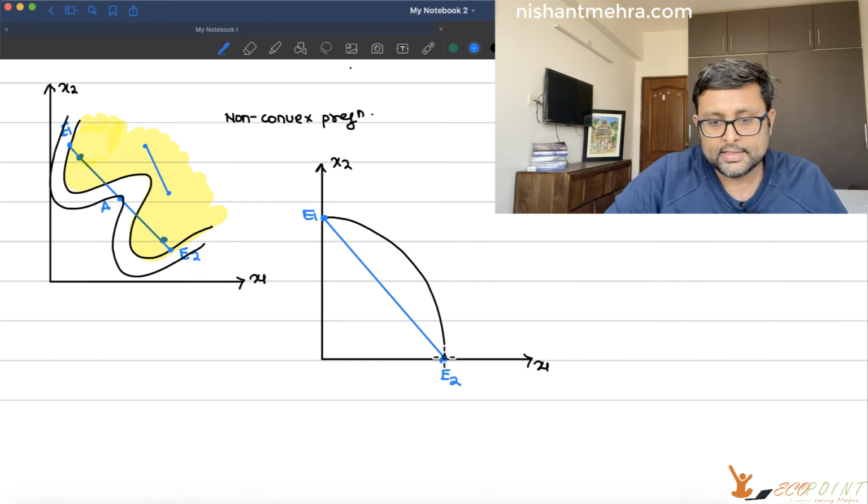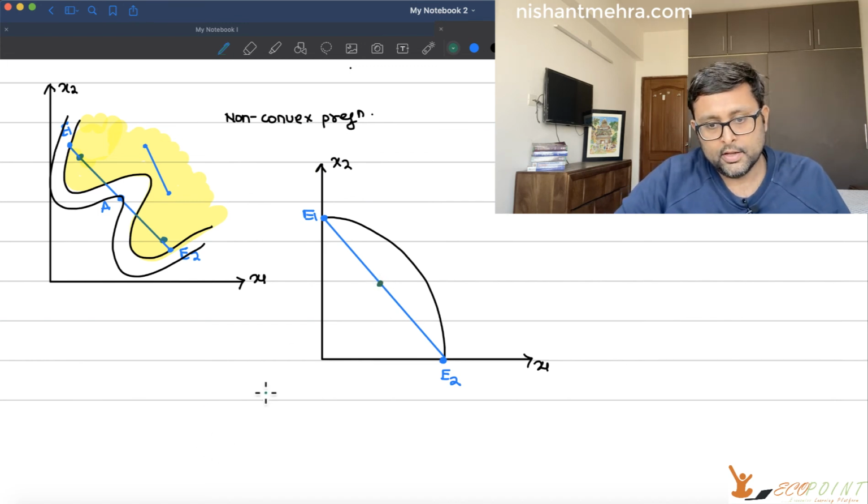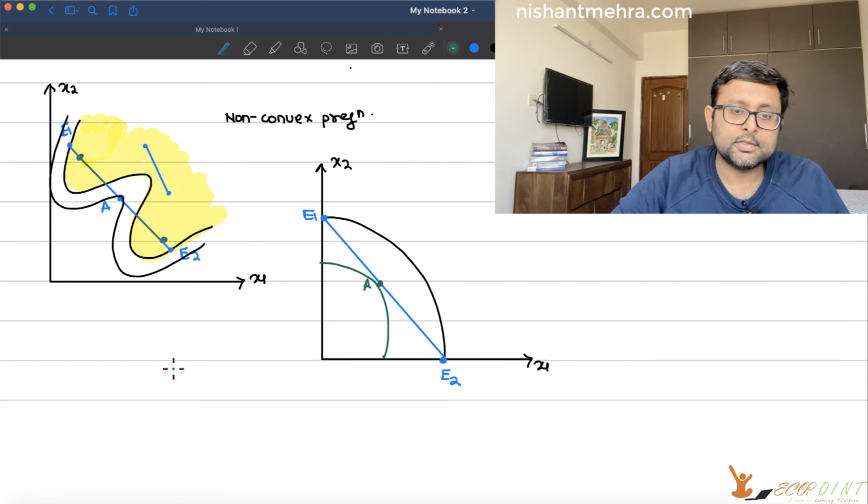You join them by a line segment. The average of these two bundles will lie here, right? And here also, average is not preferred to extreme. It is going like this.